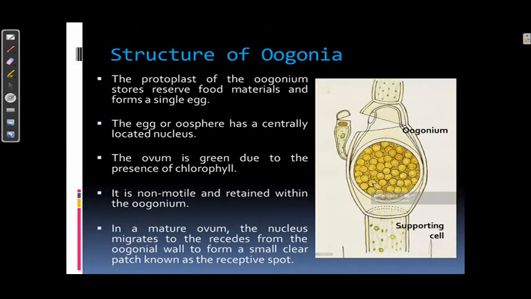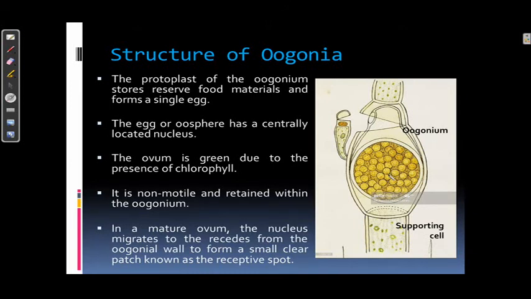Inside the oogonium, the whole protoplasm along with the nucleus changes into a single egg, where the nucleus is centrally located and the color of the egg is green. Here the color is yellow, but actually the color of the ovum or the egg is green because of the presence of chlorophyll.